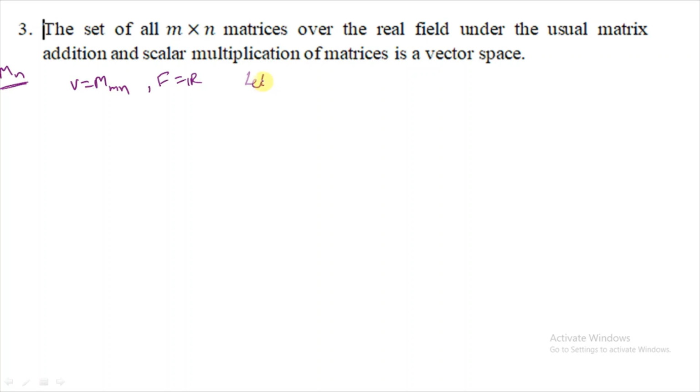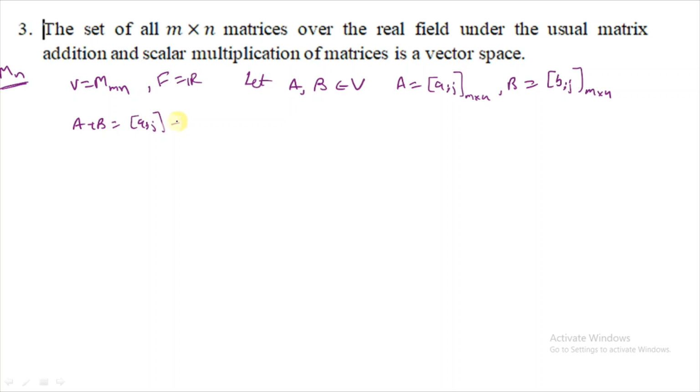Suppose A, B belong to the vector space, the set of all m by n matrices. That means A equals some Aij, an m by n matrix, and B equals some Bij. Now we have to check all the properties. Closure property: what is A plus B equal to?